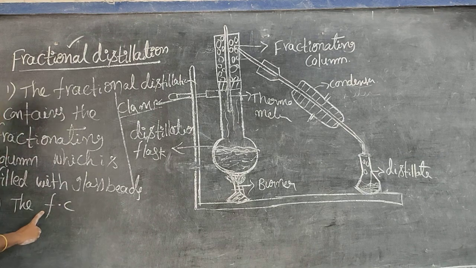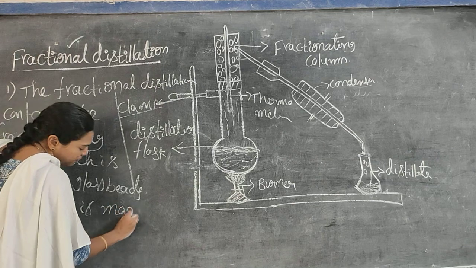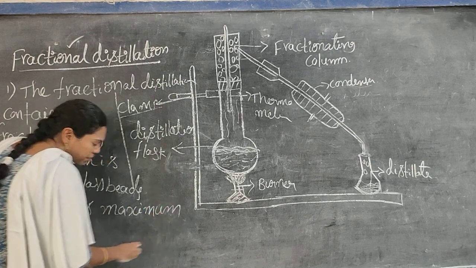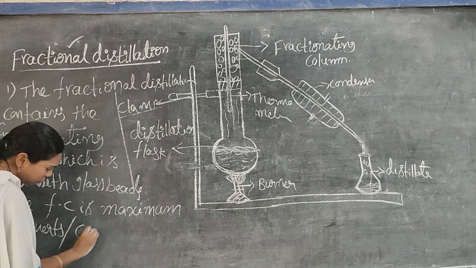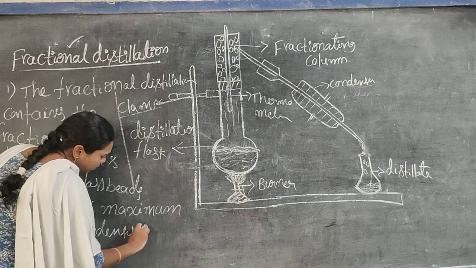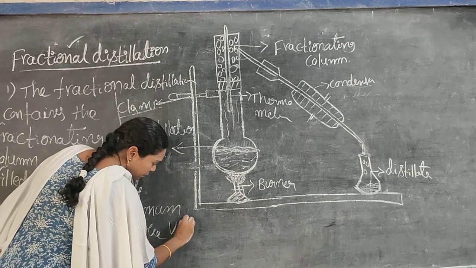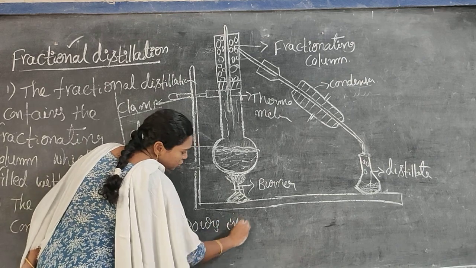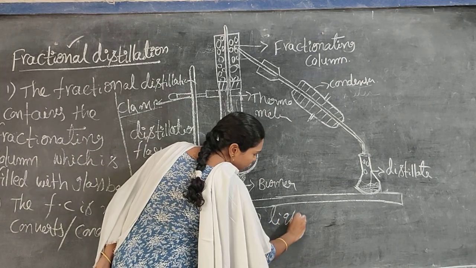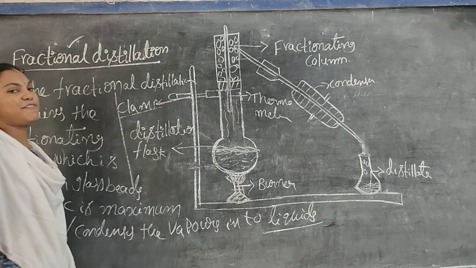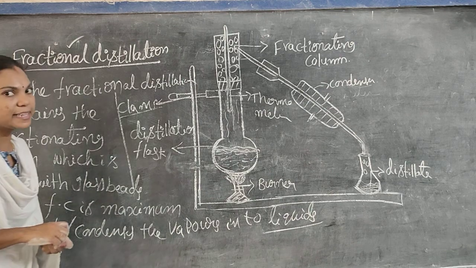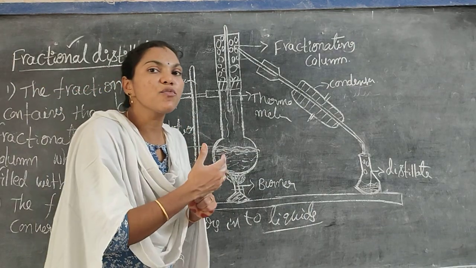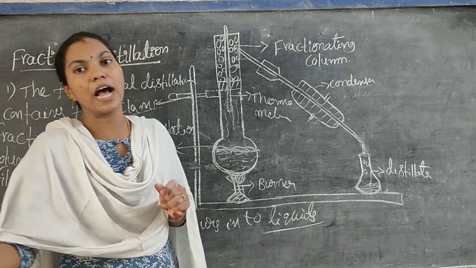The fractionating column, I write FC, maximally condenses the vapors into liquids. Do you understand? That's why we use the fractionating column. Here the fractionating column only acts as a condenser, because it contains the glass beads. Repeatedly, the hot vapors condense and convert into the liquid state.